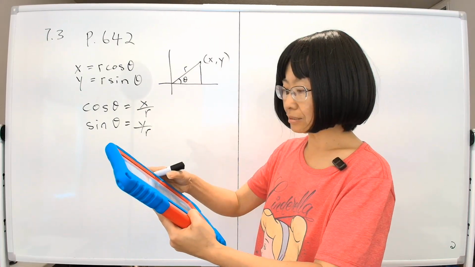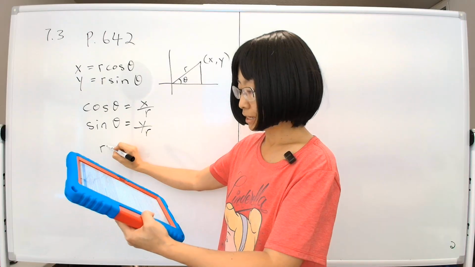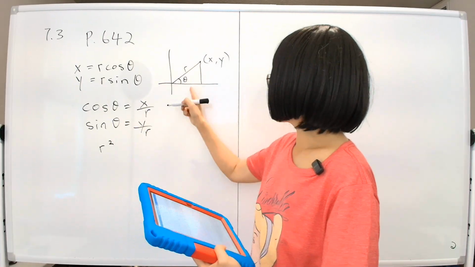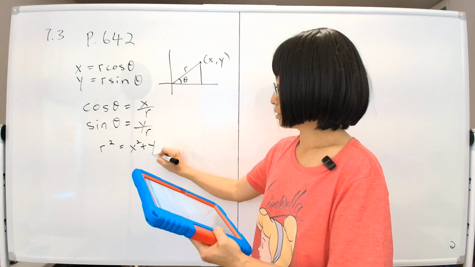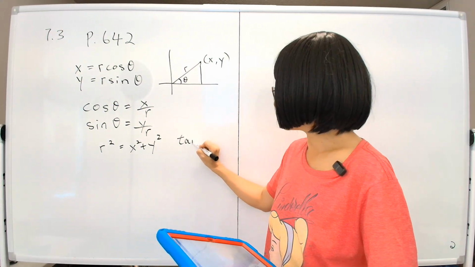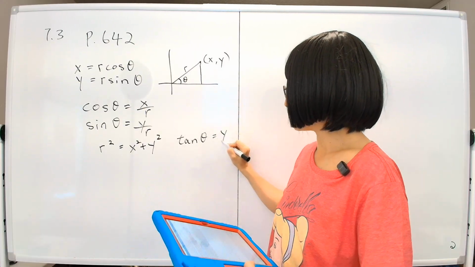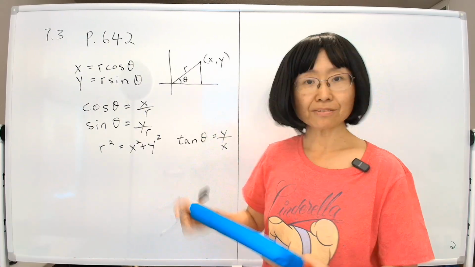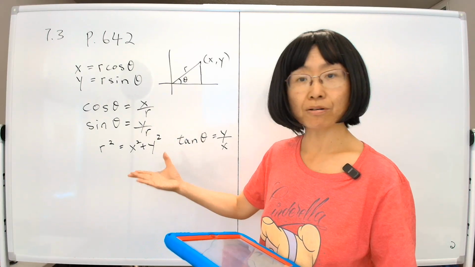Then r squared is equal to x squared plus y squared by the Pythagorean theorem. And theta has this relationship where tangent theta is equal to y over x. So all these relationships are spelled out, and that is the definition of the polar coordinates.